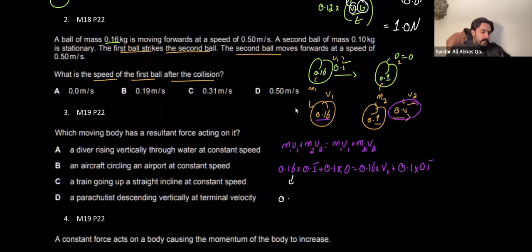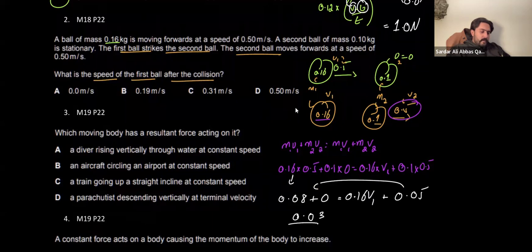This is going to be 0.08 plus 0 equals 0.16 V1 plus 0.05. Subtract 0.05, 0.03 over 0.16 is equal to V1, and your answer is going to be B. 0.16 meters per second is your answer.